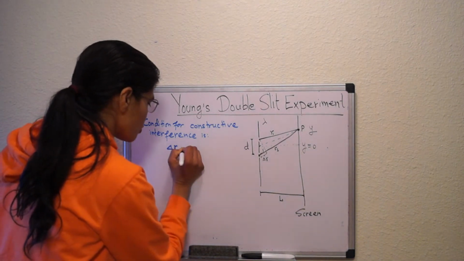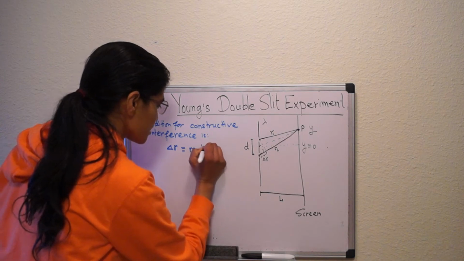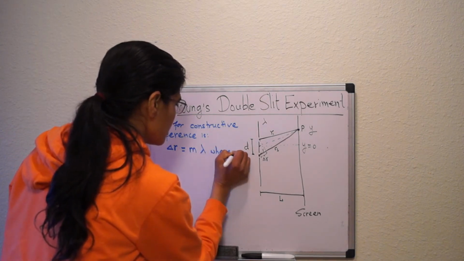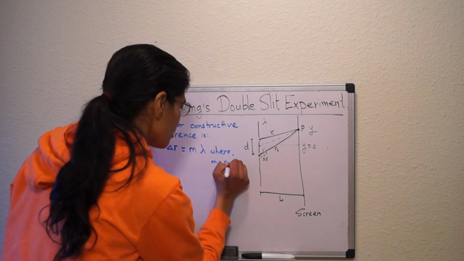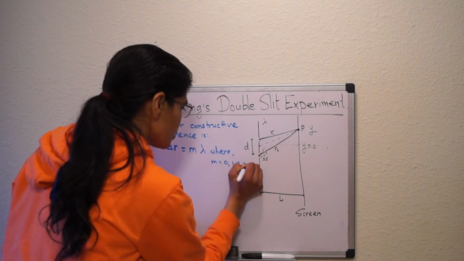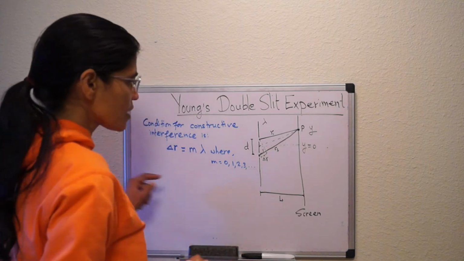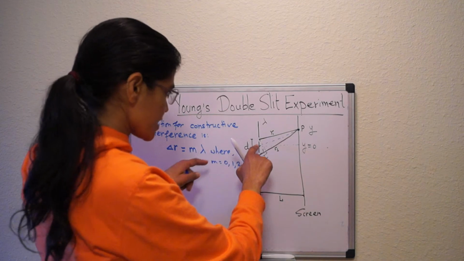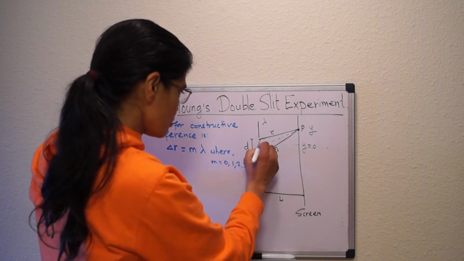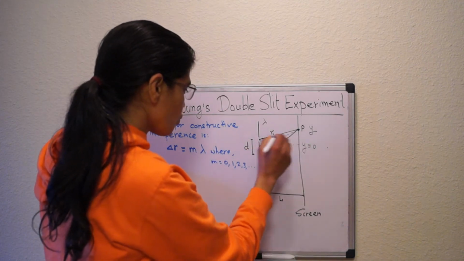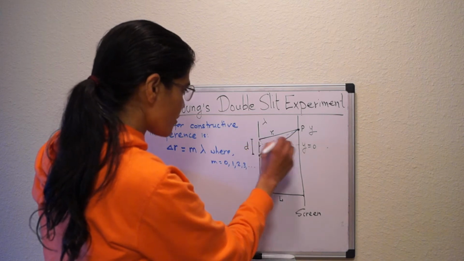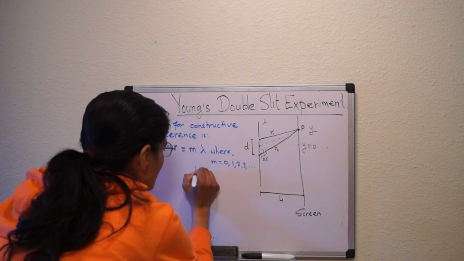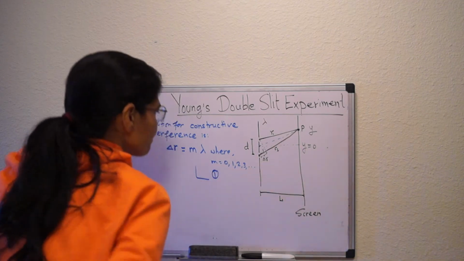Delta r equal to m times lambda, where m equal to 0, 1, 2, 3, etc. So m equal to 0 corresponds to the point y exactly at the center, at which the light from both of these slits travels an equal distance. Let's call this equation 1.